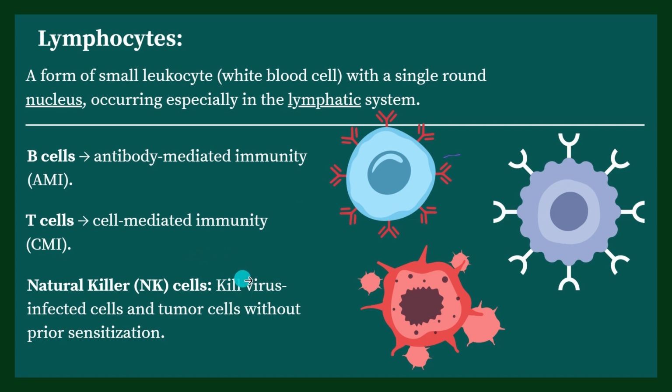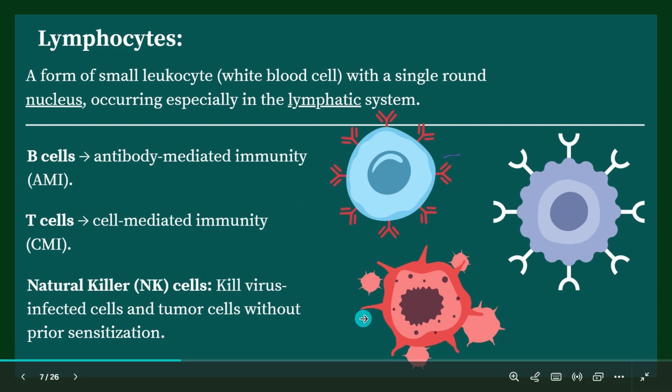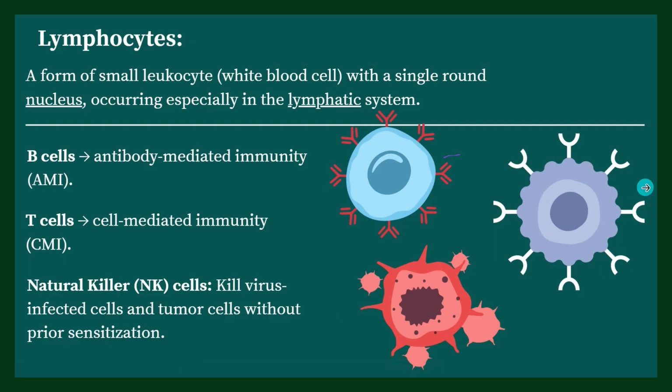Then we have natural killer cells, which are all about the viruses and tumors, and they just attach themselves to the cell membrane and secrete some stuff that will destroy the cell membrane of the bad guys.